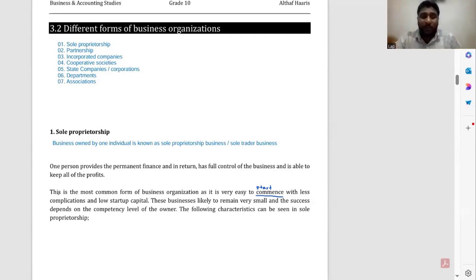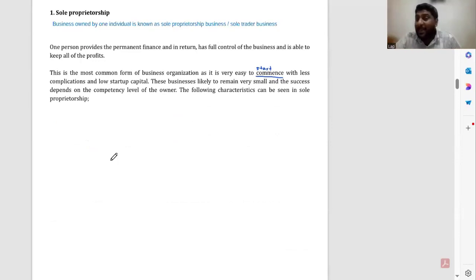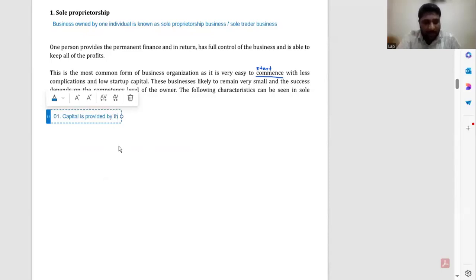So before moving into advantages and disadvantages, let's write down certain characteristics of a small sole trader business. First characteristic, write down: capital is provided by the single owner.